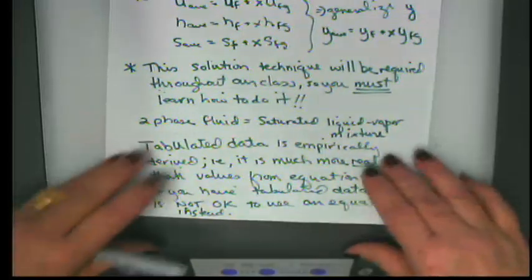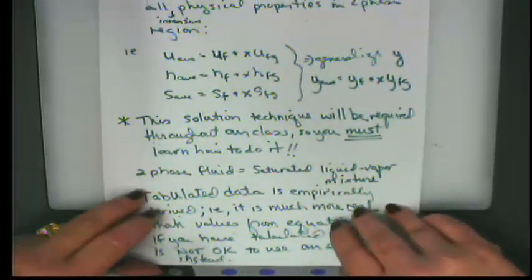All righty, so let's take a look at some sort of a problem and see what we can come up with. And this will go on for a long, long time. We're going to work on this for at least one more day.